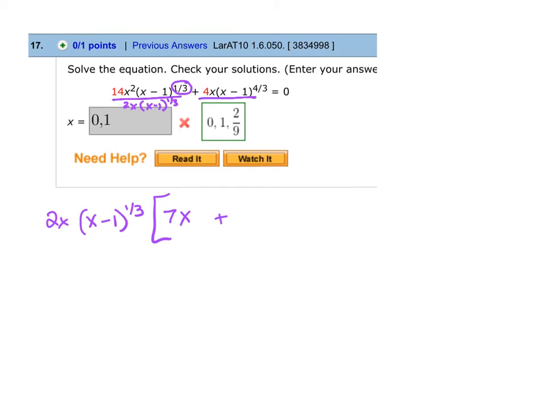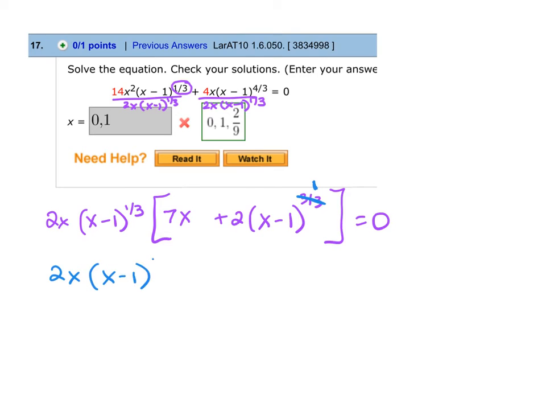Plus, take this, divide it by 2x and x minus 1 to the 1/3, and I get 2x minus 1 to the 3/3. That's why this is easier, because this becomes 1. So I get 2x, x minus 1 to the 1/3, and then we'll distribute here, 2x minus 2, and combine my like terms. 9x minus 2.